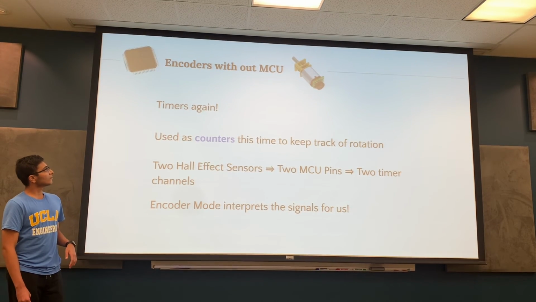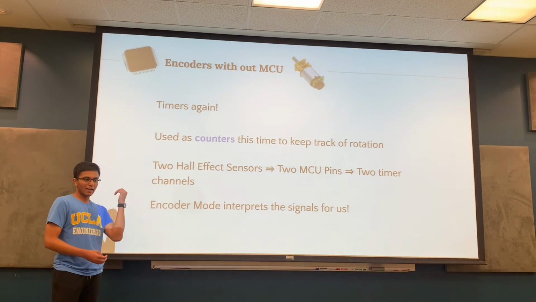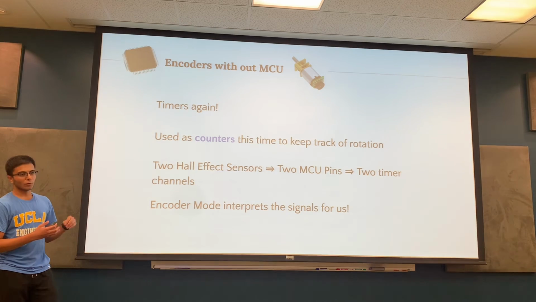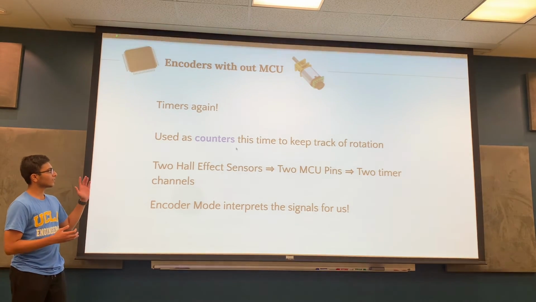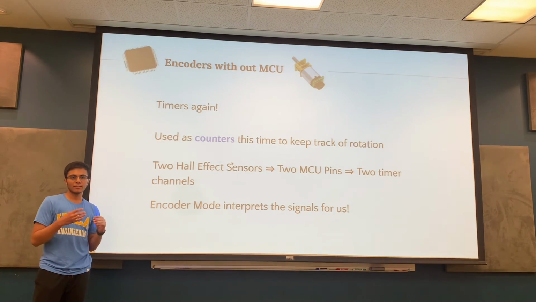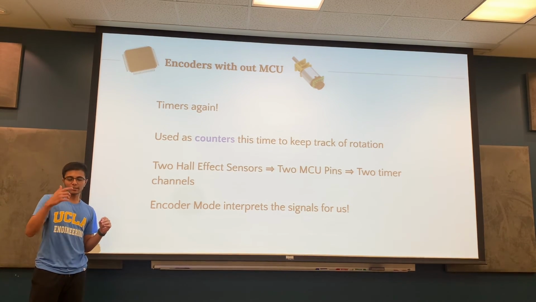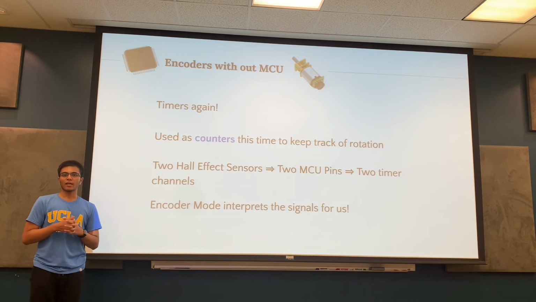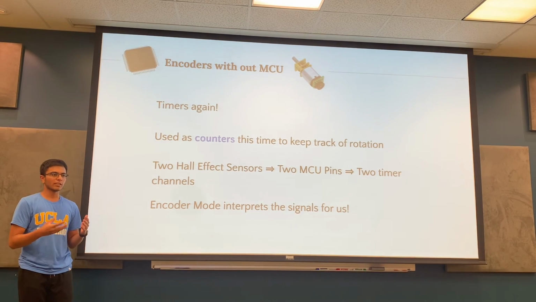You might be wondering how the encoders work with the microcontroller, and the way that they work is by using timers. Basically, there are counters that keep track of the encoder ticks, like the number of poles, and based off of that, you can determine how many encoder ticks have passed.